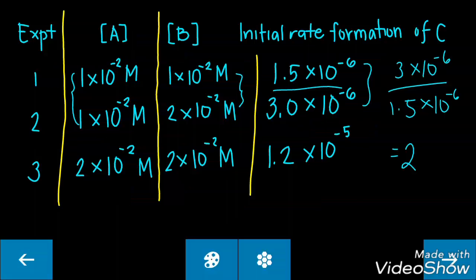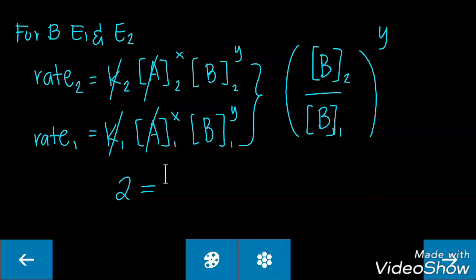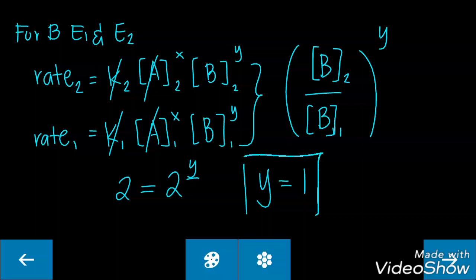And for the concentration of B, it is doubled, 2, so that is 2 raised to Y. Now we are looking for Y, so if we evaluate that, Y is equal to 1. Now we will take note of that, Y is equal to 1.